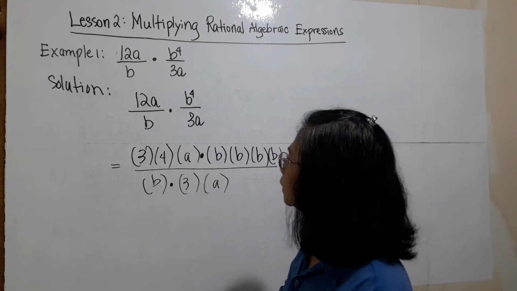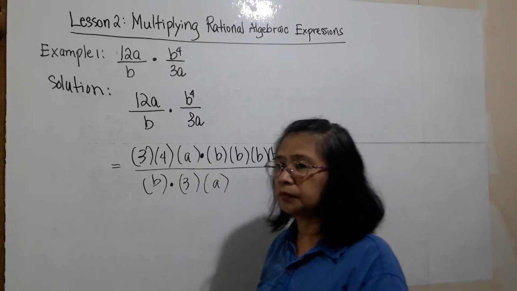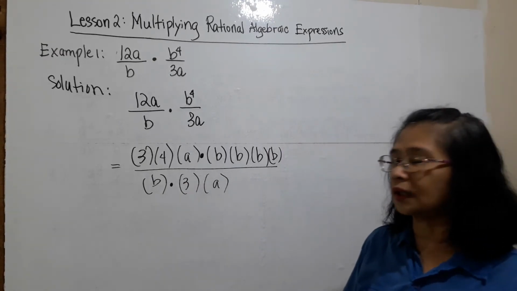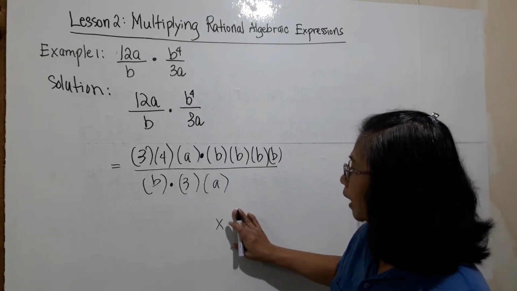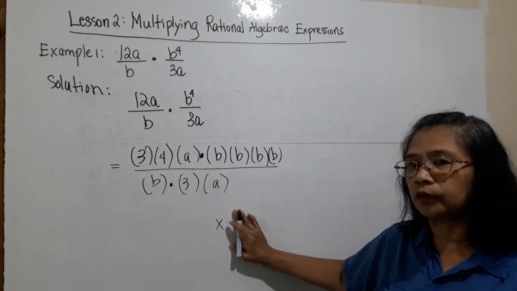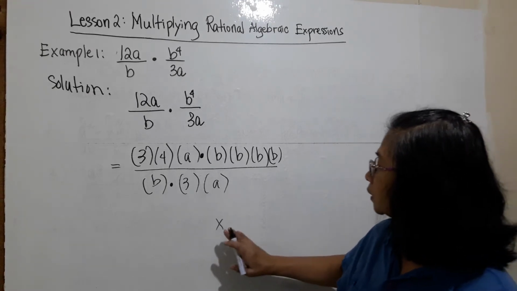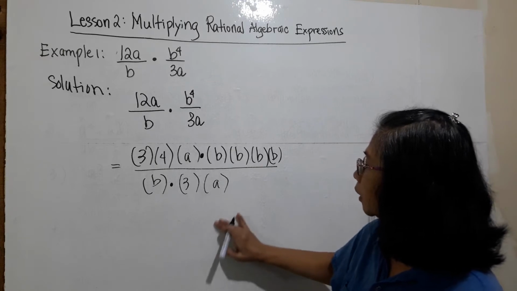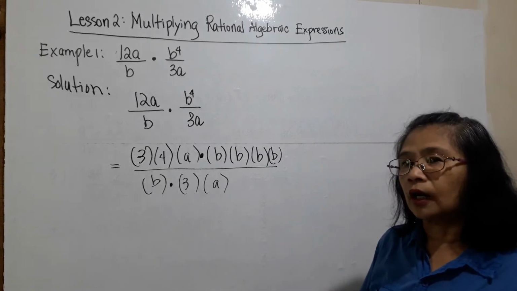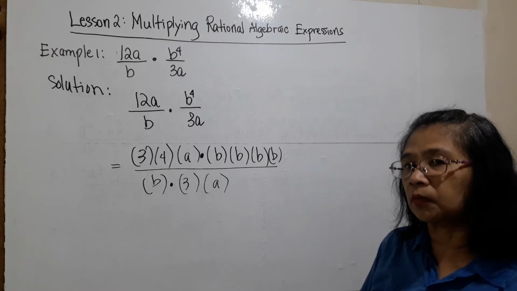The dot at the middle means multiplication. We could not use the X symbol in higher math or algebra, because the X in algebra means a variable.